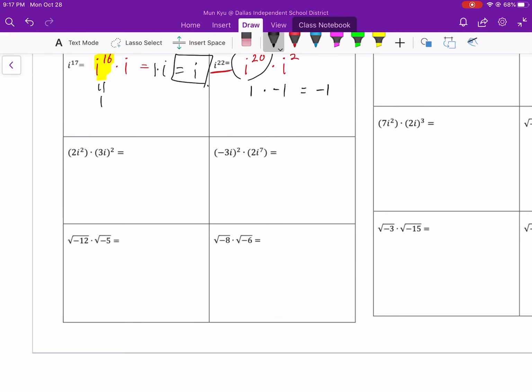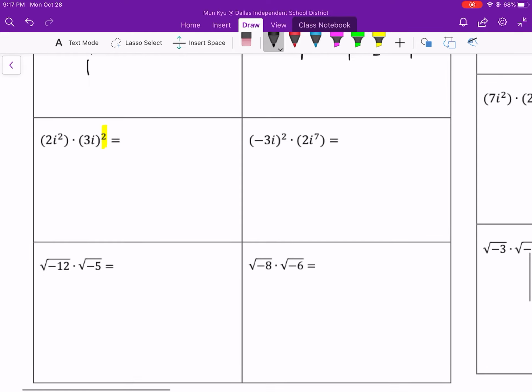Here, 2 more questions. Now this is easy. 2i squared times 3i to the second power. Here, if you look at it, the second power is outside of the parentheses. And if you know, there's a hidden exponent here, which is 1.